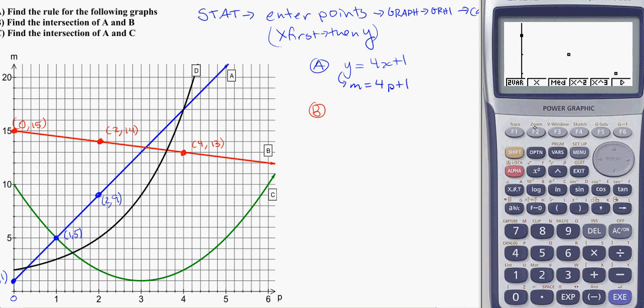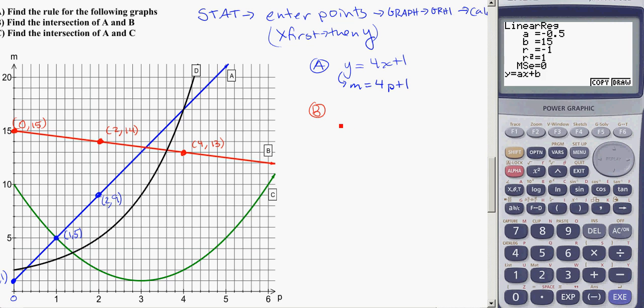Calc, straight line is x. And there I see my rule. So my rule here is going to be y is equal to negative 0.5x plus 15. Watch for those negative signs in there. And into context, m is equal to negative 0.5p plus 15.